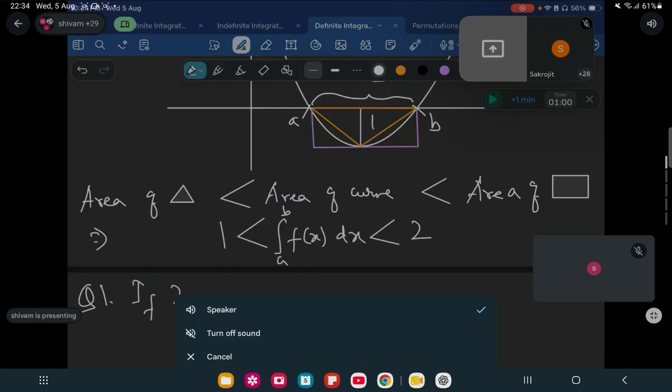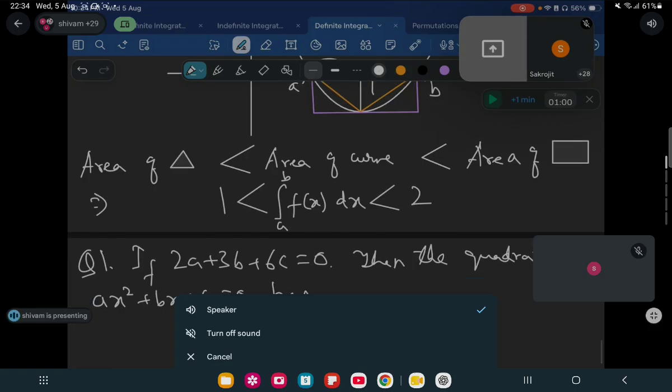Question number 1 for today. If 2a plus 3b plus 6c equal to 0, then the quadratic ax square plus bx plus c equal to 0 has, this is multiple correct type, everyone. Option A, at least one root in (0, 1).